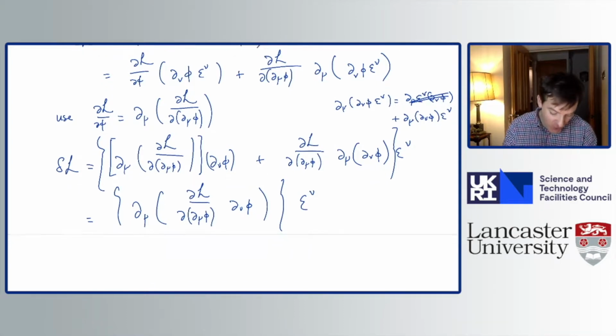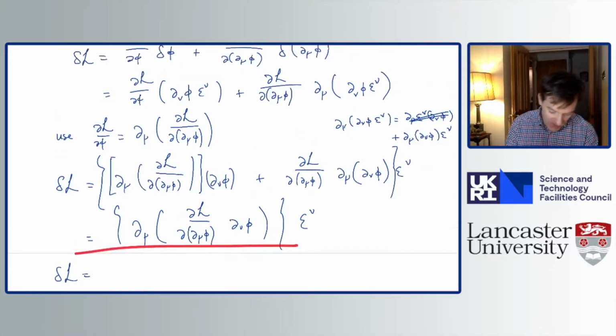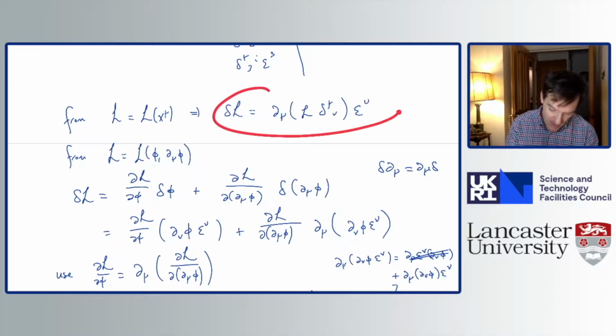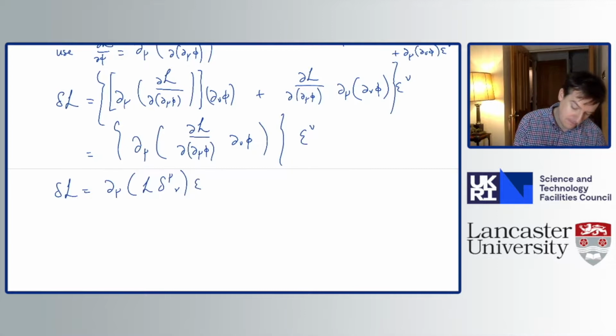Okay, so now I've got two expressions for delta L. So I've got the one I've just derived, and I had the one I had previously written up here. So let me rewrite it again, have it on the same line as the other expression. Okay, and these must be equivalent. Delta L must be the same in both cases.